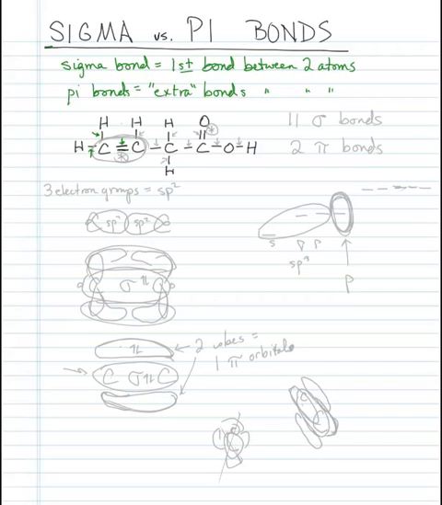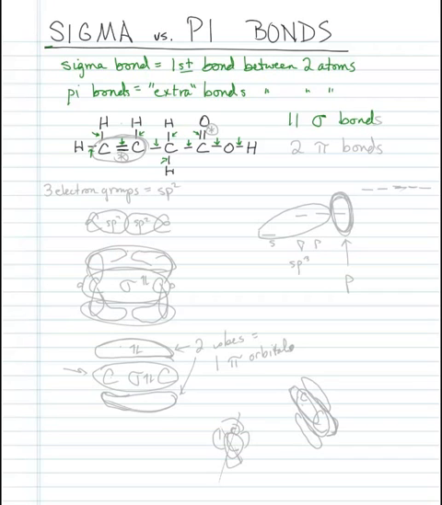So 1, 2, 3, 4, 5, 6, 7, 8, 9, 10, and 11. So we've got 11 sigma bonds. Here is the Greek letter sigma. You can spell it out in English, S-I-G-M-A, or you can just write the Greek sigma symbol. So we have 11 sigma bonds.